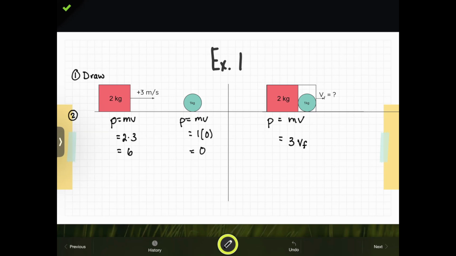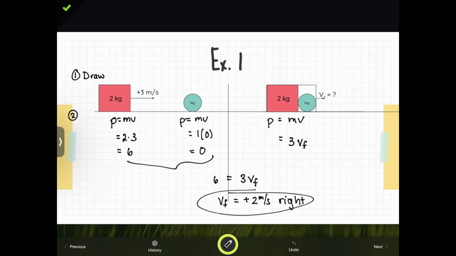The idea with conservation of momentum is these two objects are in a system together. So the momentum in the before picture has to equal the momentum in the after picture. Hey, wait, but now I can really easily solve for the final velocity. Dividing by 3 on both sides, I have a final velocity of positive 2 meters per second to the right.